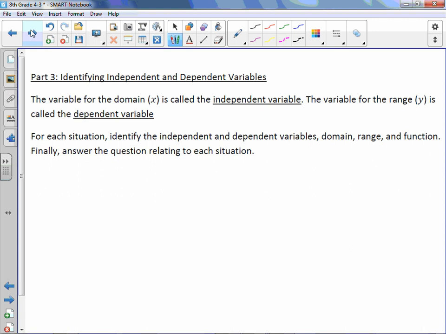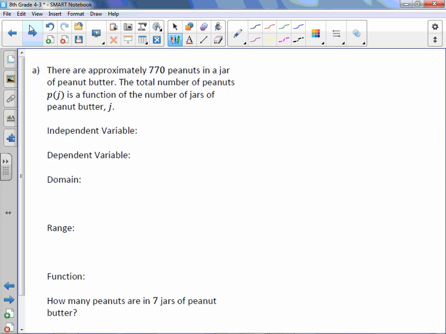Okay, so x is independent, and y relies on, or depends on, your x, your domain, therefore y is dependent. For each situation, identify the independent and dependent variables, domain, range, and function, and finally, answer the question relating to each situation. There are approximately 770 peanuts in a jar of peanut butter.